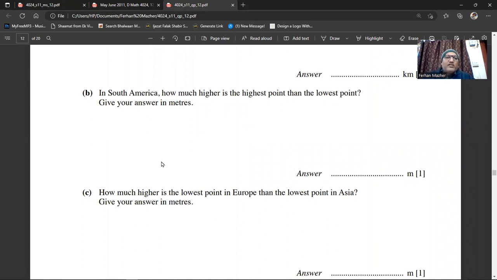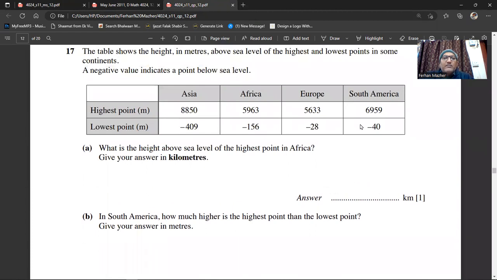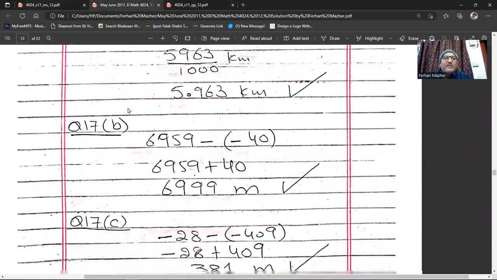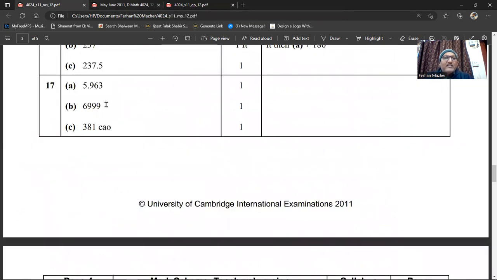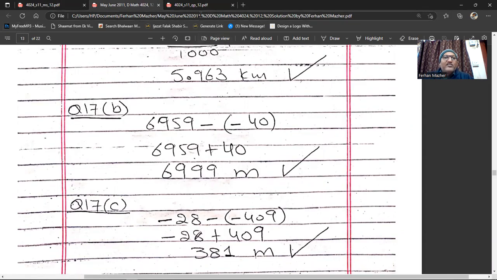Give your answer in meters. The highest point is 6959 and the lowest point is minus 40. So the difference between them will be 6959 minus minus 40. Minus will become plus, so it will be 6959 plus 40. That will be 6999 meters. So 6999 meters is the right answer, sir.